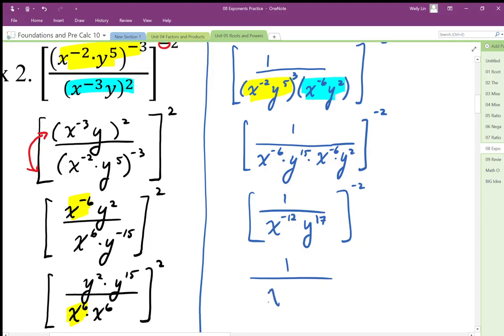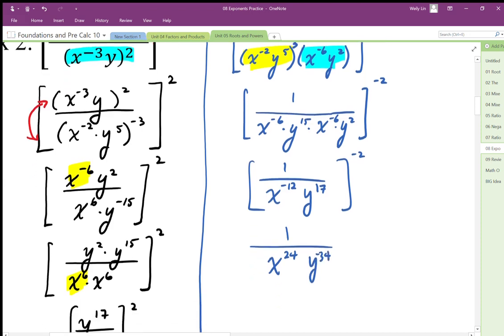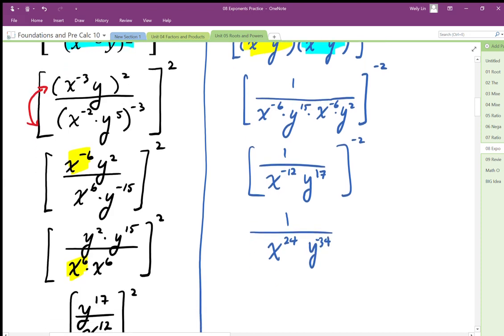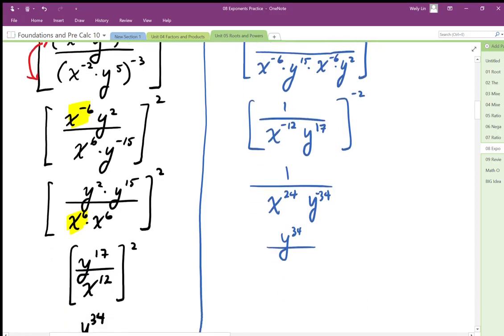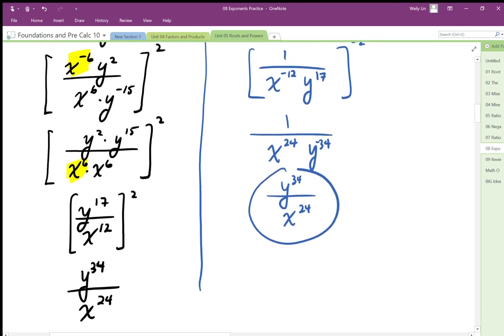So I'm going to end up with x^24 in the denominator. And this becomes y to the negative 34 in the denominator. Well, that's a divide in the denominator, so we're going to put y to the power 34 up top, x to the power 24 on bottom, and there's our answer, which is the same as what we would have got down here.